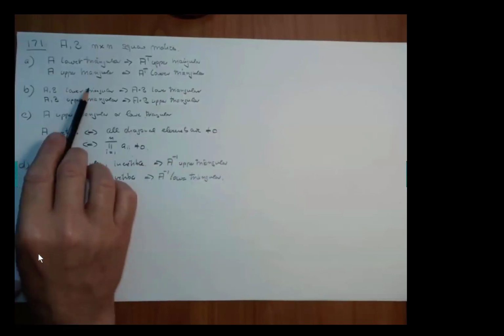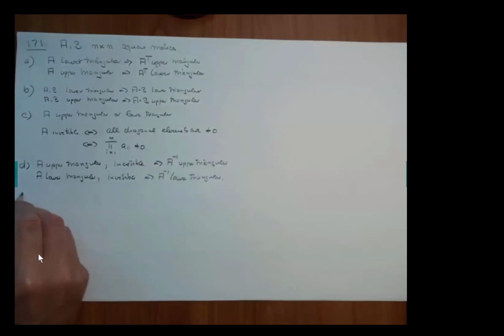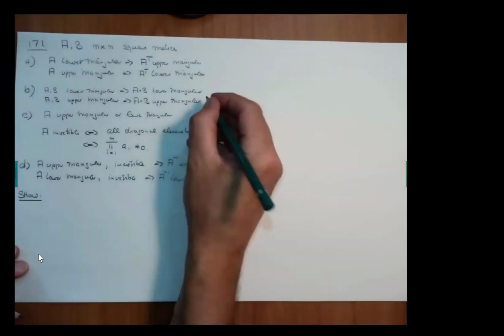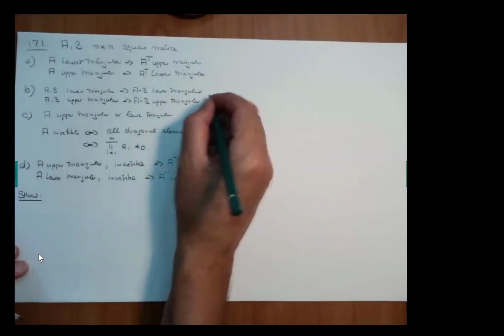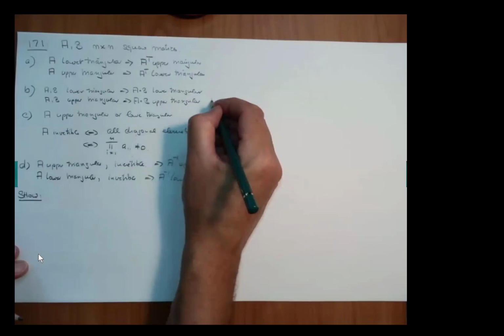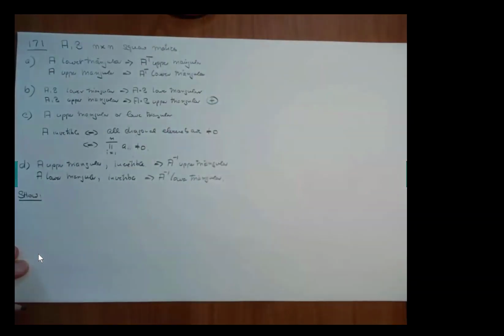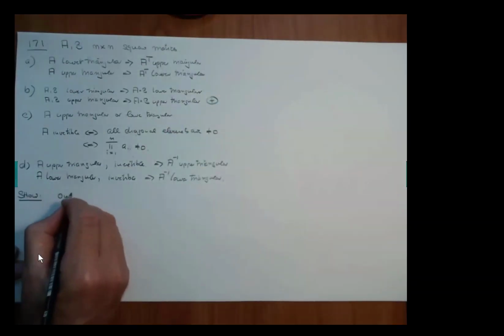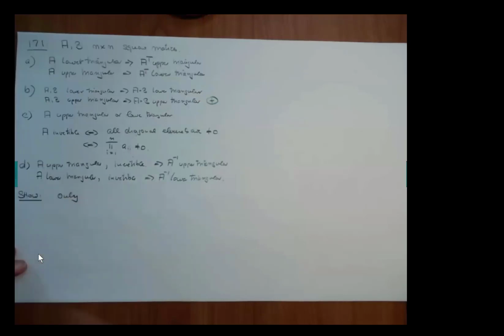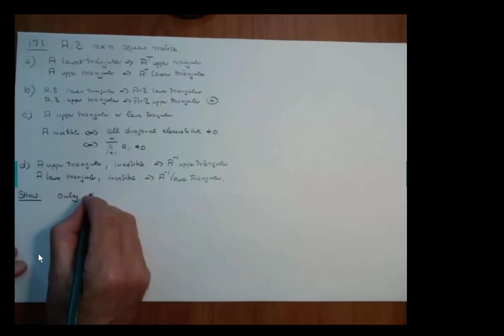But otherwise, it's not difficult to see why this is. So I'd like to just show you one of them, so you see a little bit what the argument is here. I only show, I think, part B, this one. So only for plus. So you see a little bit how the argument goes.